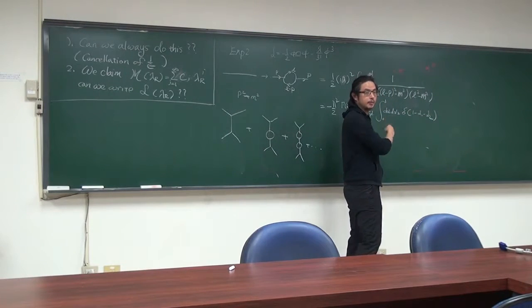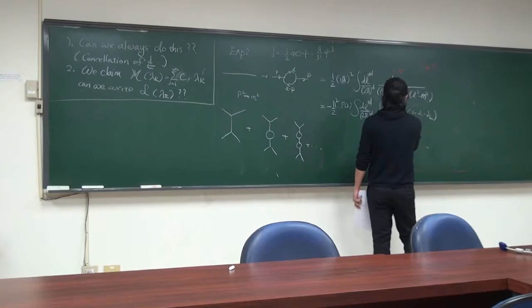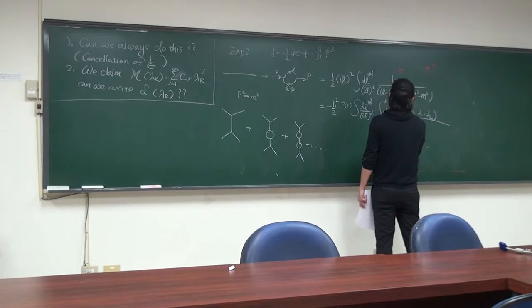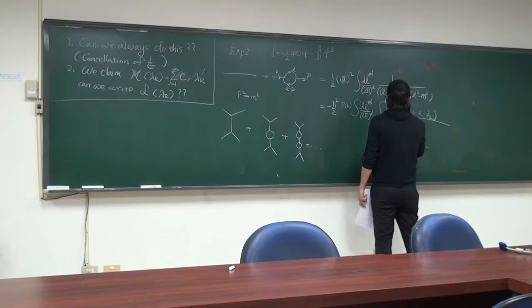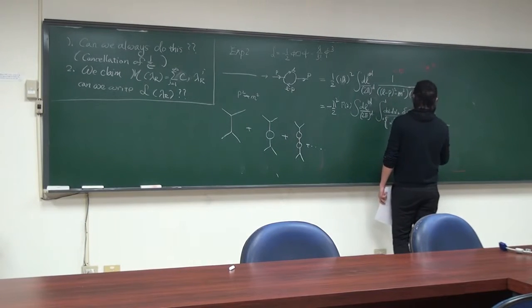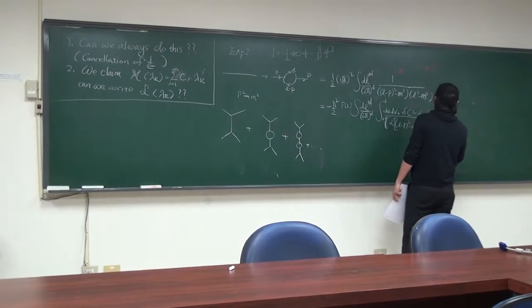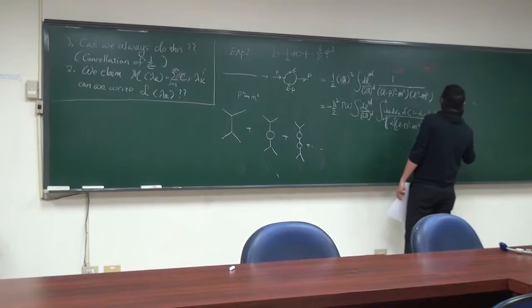The identities that I'm using here are all just the identities that I talked about last time. So here, then we have alpha 1 times (L minus P) squared minus M squared, plus alpha 2 times L squared minus M squared, and then this is to the power 2.